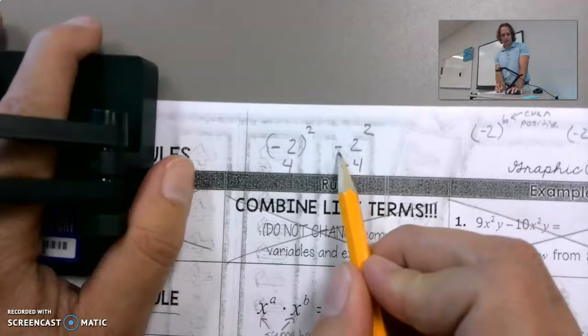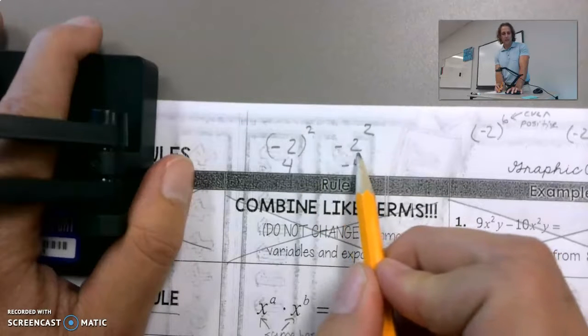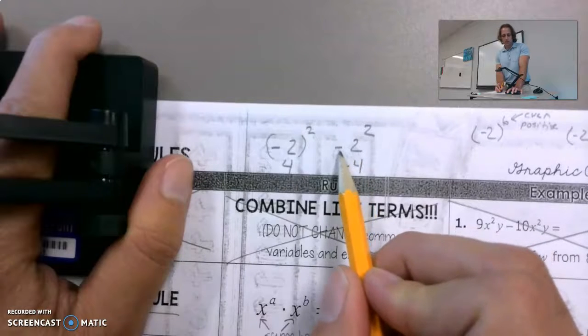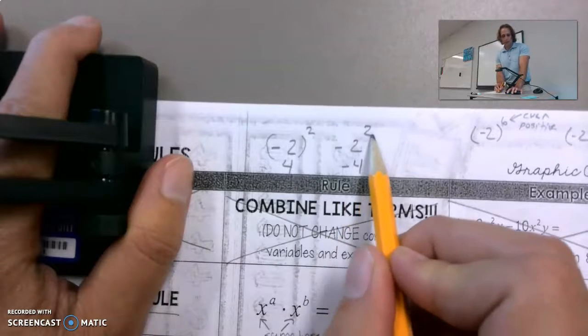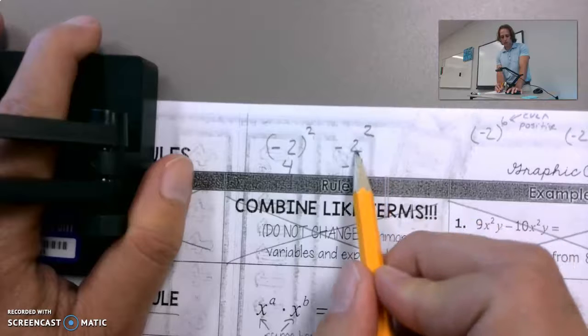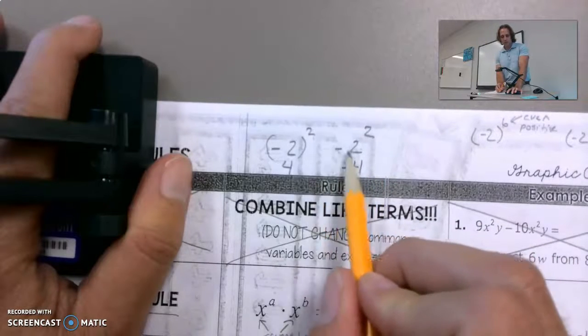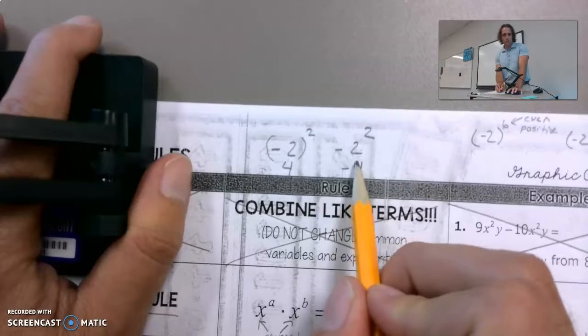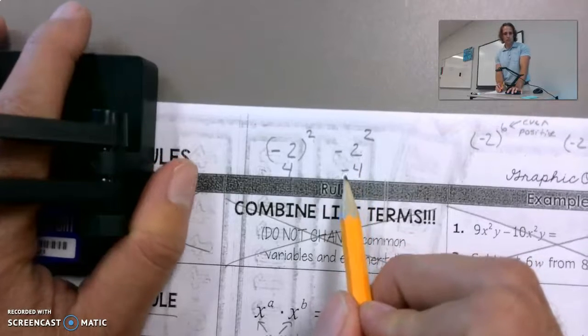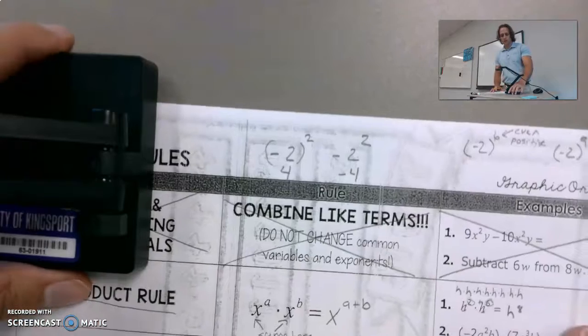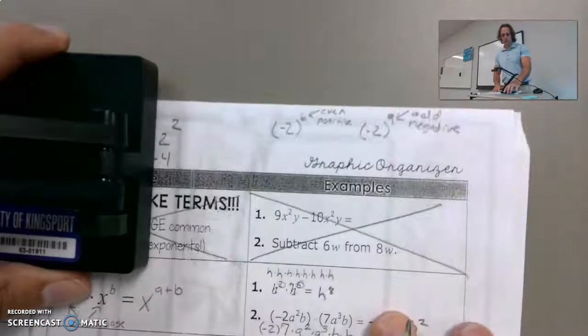Anytime you see a negative sign and it is not inside parentheses, then it is not included with the base. This would just be the opposite of 2 squared. So you would do 2 squared, which is 4, and then take the opposite. These are going to give you different answers, and it's important to make sure that there are parentheses whenever you're looking at exponential form with negative integers.